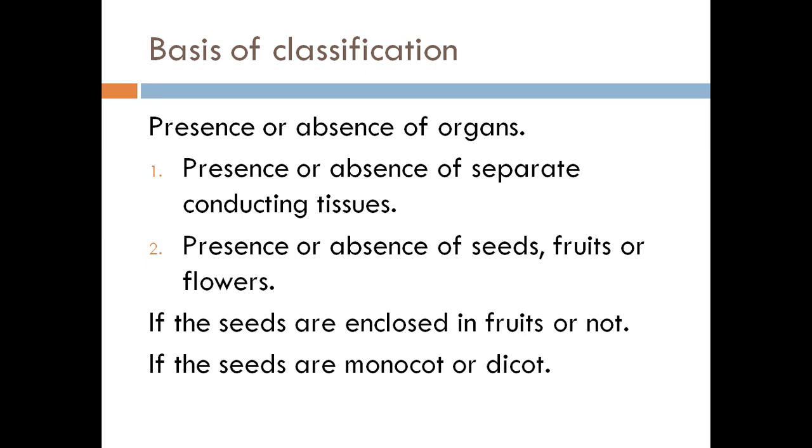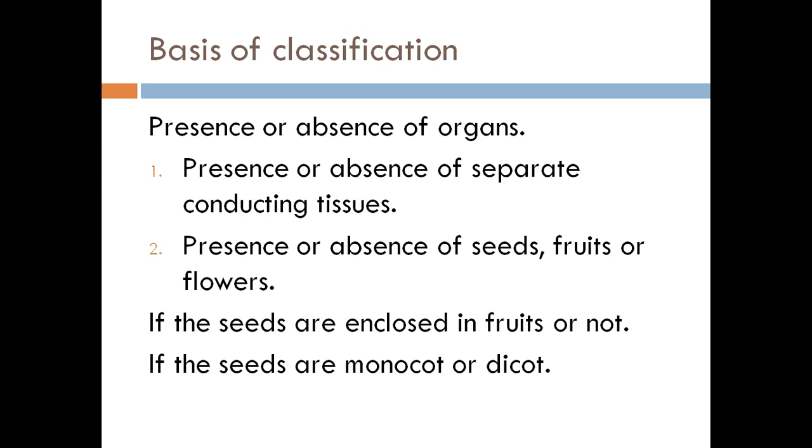So, in some plants, these different tissues are not present. There is only one tissue which performs both the functions. So, depending on whether these two conducting tissues are present or absent, the classification is done.